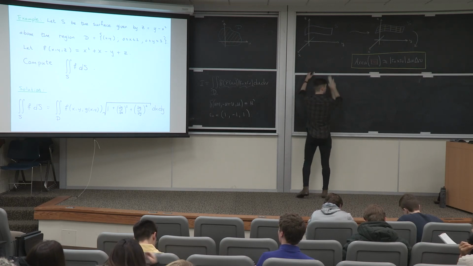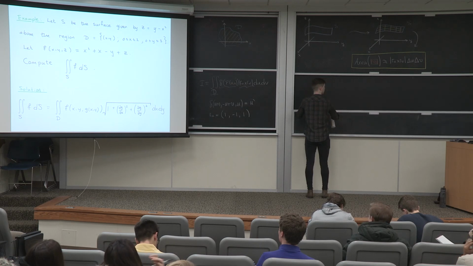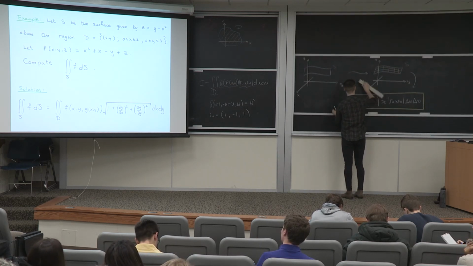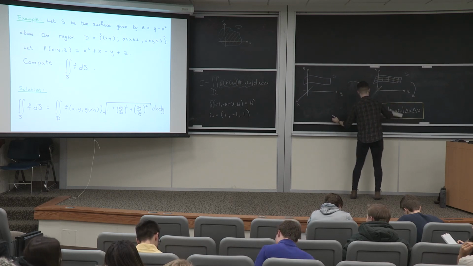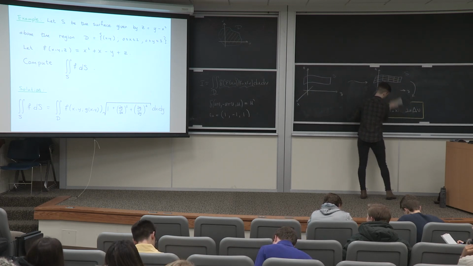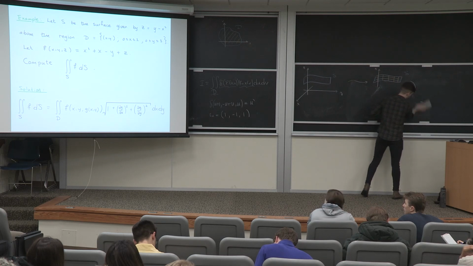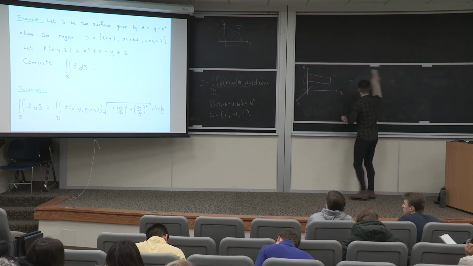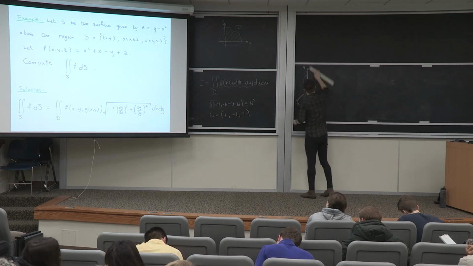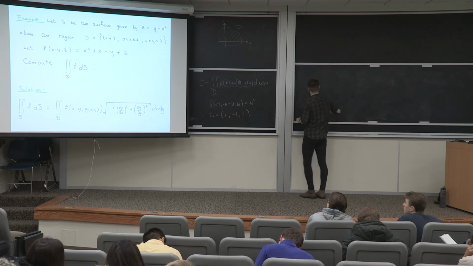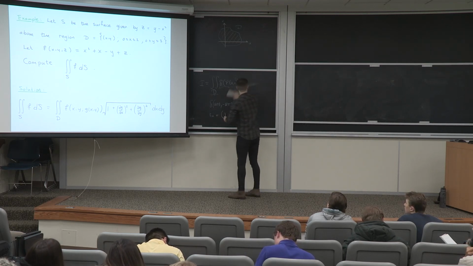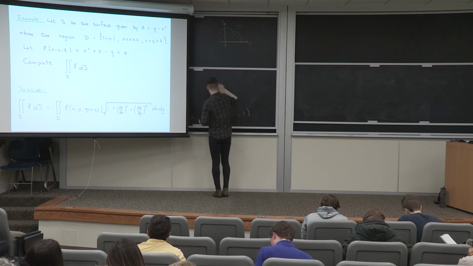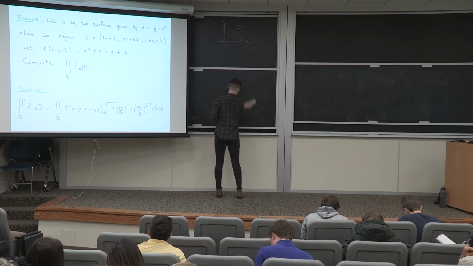The partial of g with respect to x is negative 2x, and then the partial with respect to y is 1. So we just have to plug those values in. 4x squared plus 1.